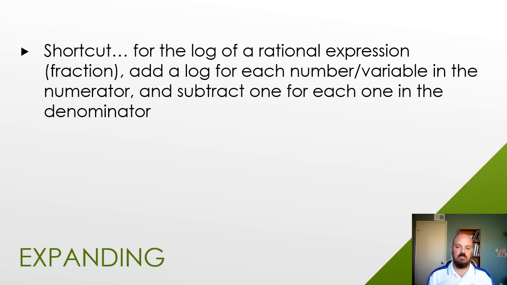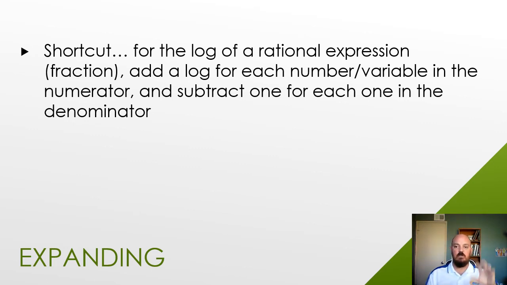What you can do instead of thinking of it as 2 parts, think of it for that question as 4 parts. You just go, okay, on top I had a 4 and an x squared. On bottom, I had a 3 and a y. If I think of that as 4 separate parts instead of just 2, you can actually skip almost straight to the end of the question.